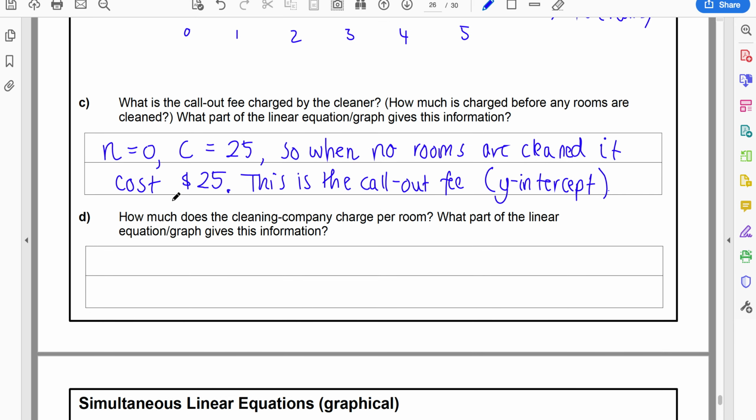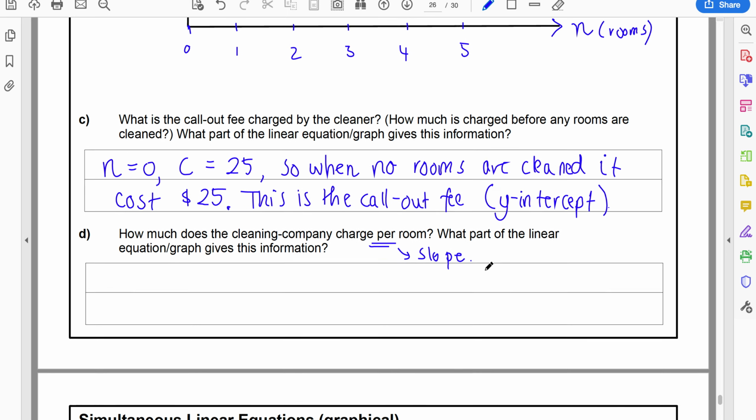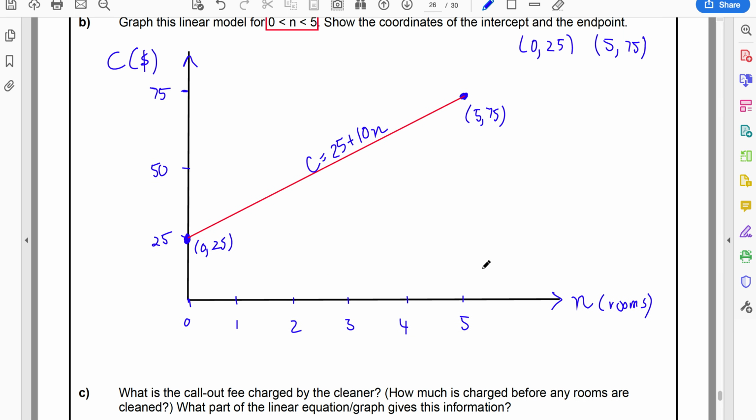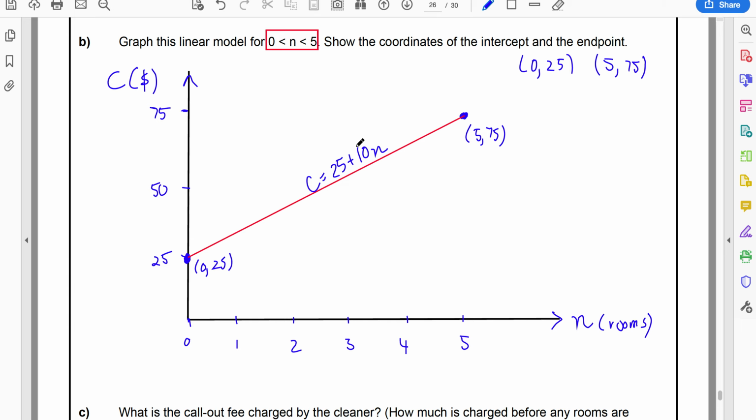How much does the cleaning company charge per room? See that word again, per, is our slope. And so if you have a look up here, our rule is 10n, so our slope is 10, meaning that every time you move across the graph, it's moving up by 10. So it goes, one room was 35, two rooms is 45, three rooms is 55.